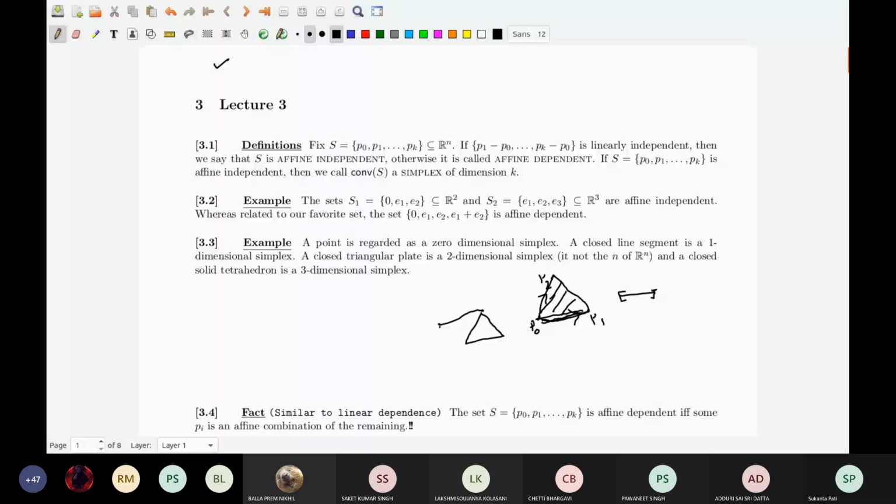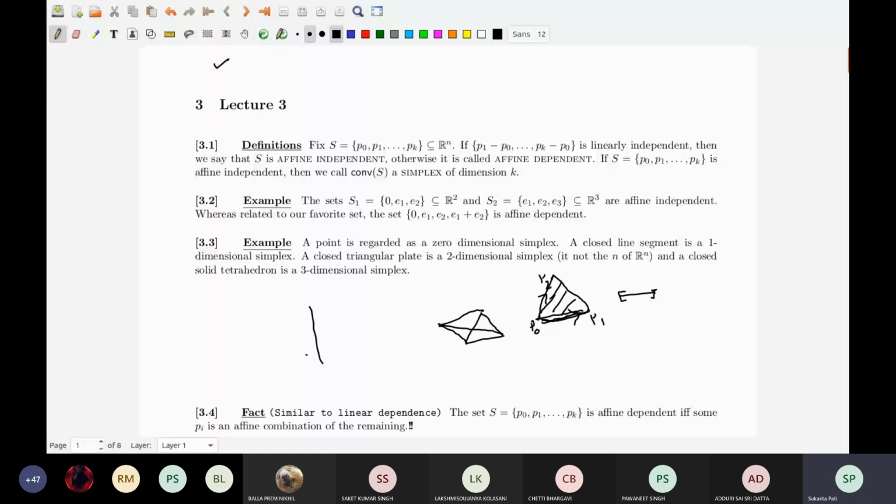So in an example, you can see E1, E2, E3 are affine independent. That's fine. 0, E1, E2 is also affine independent. But remember our favorite set: 0, E1, E2, and E1 plus E2.